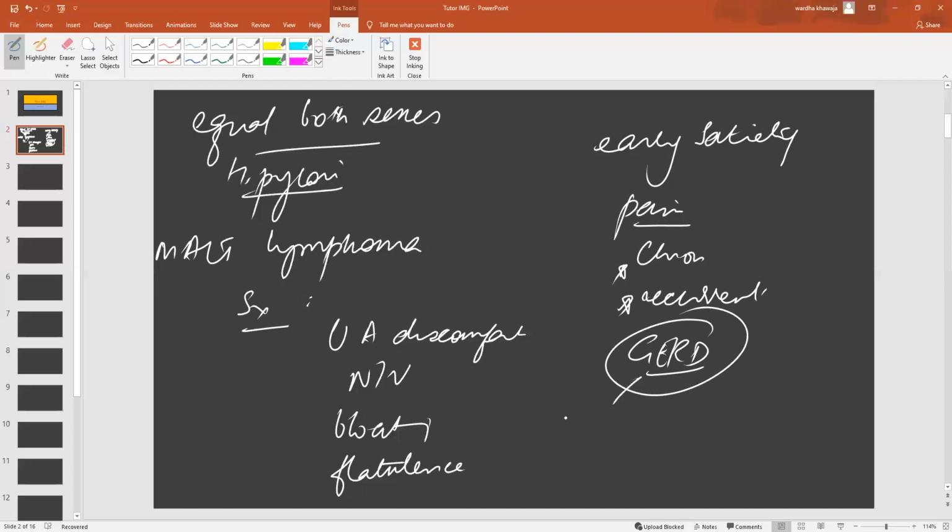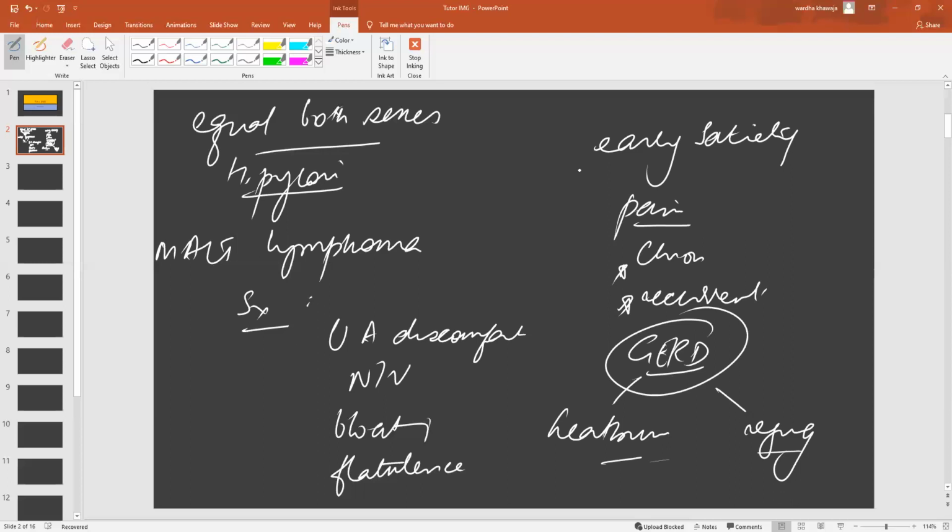So having prominent heartburn and regurg make GERD more prominent. So watch out for these key phrases on the boards in order to help you move towards GERD as a correct diagnosis.